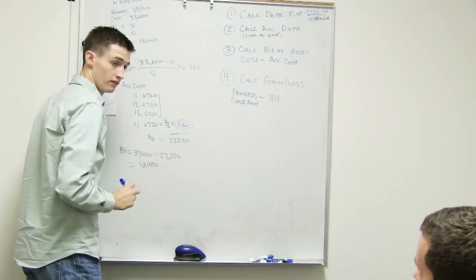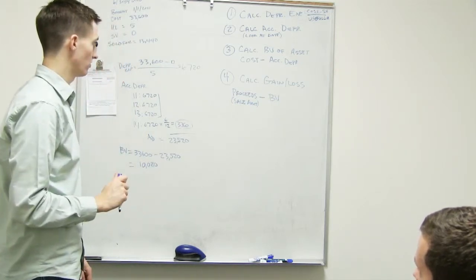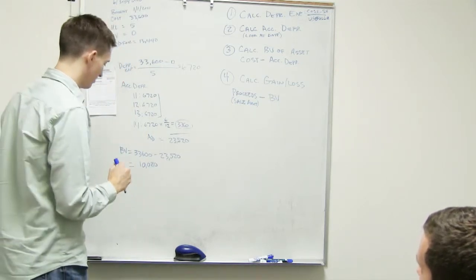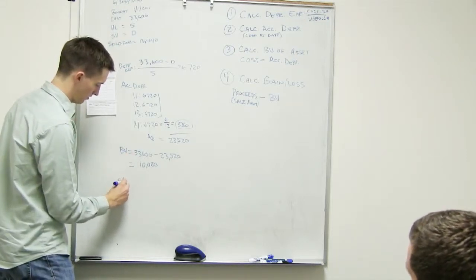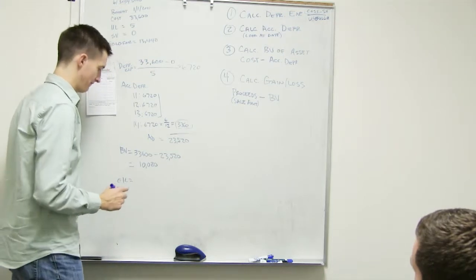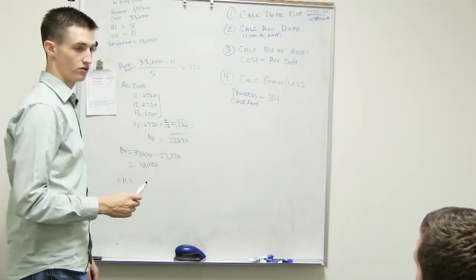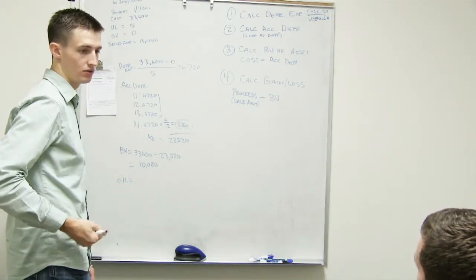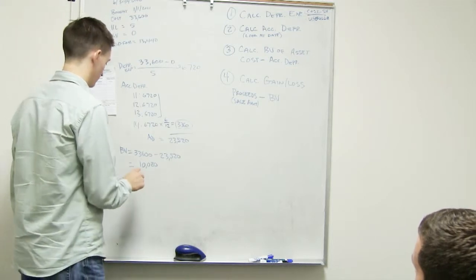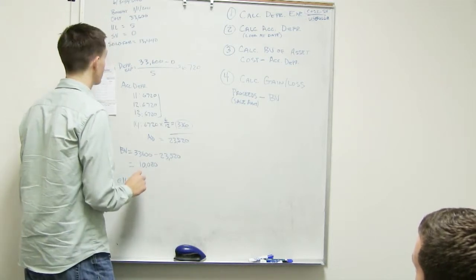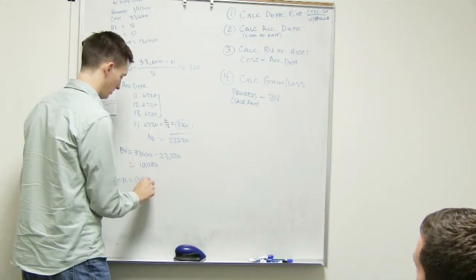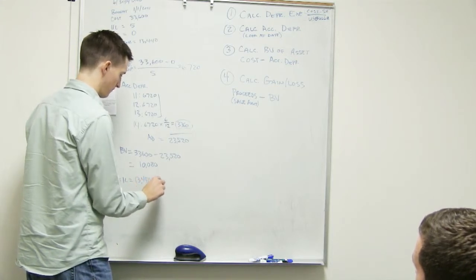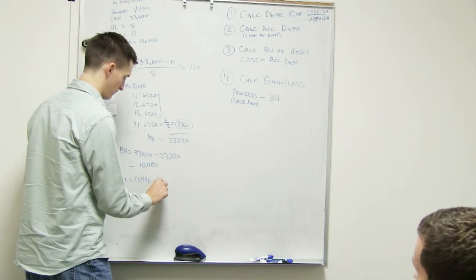Cool. And then our last step before we can journalize it is to figure out if there's a gain or a loss. So we take the proceeds or the sale amount. How much was that? The sale amount was 13,440, minus the book value of 10,080.